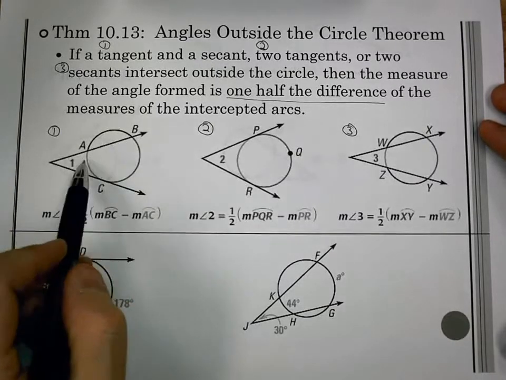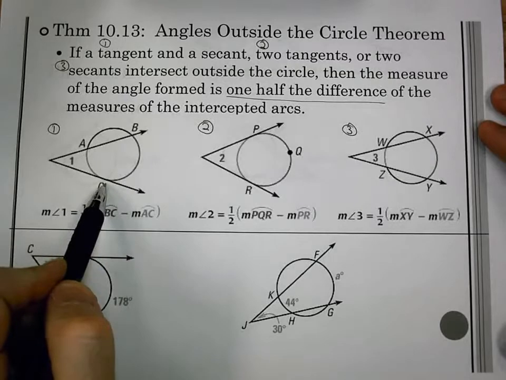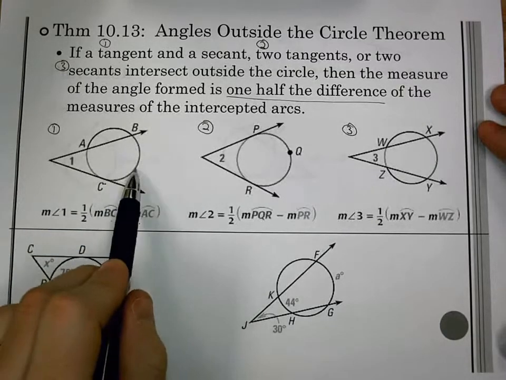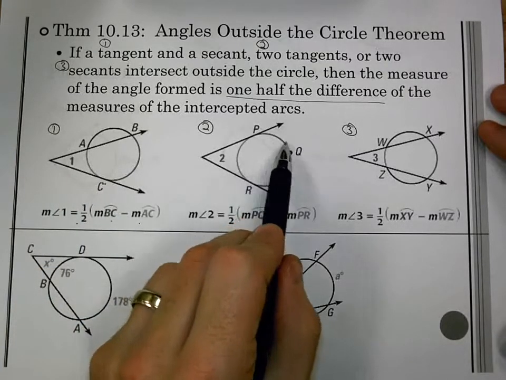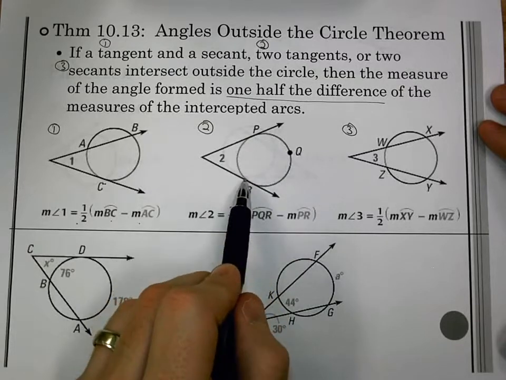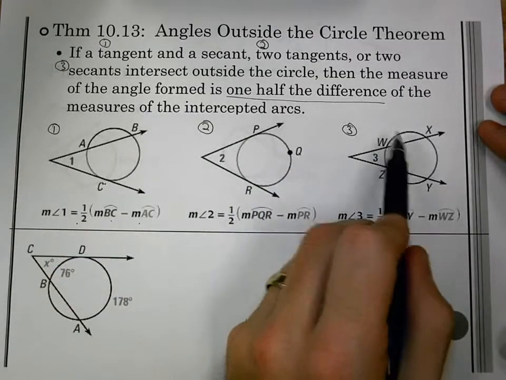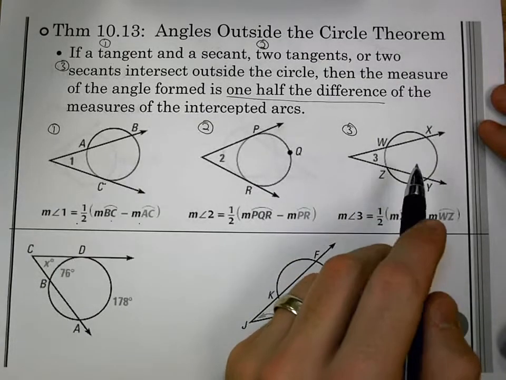So in the first one I have AC and BC as my arcs. I'm going to take BC, subtract AC. This arc minus this arc, divide by 2. In this one I take PQR minus PR divided by 2 to get the angle. In the last one I take XY minus WZ divided by 2 and find the angle.